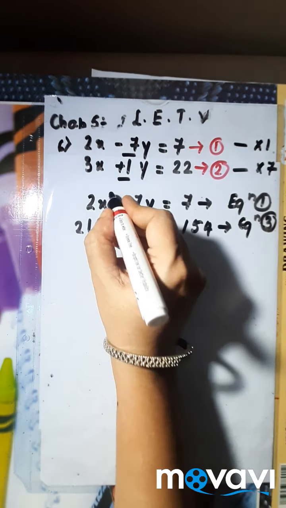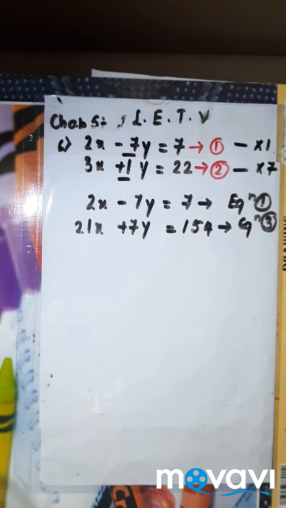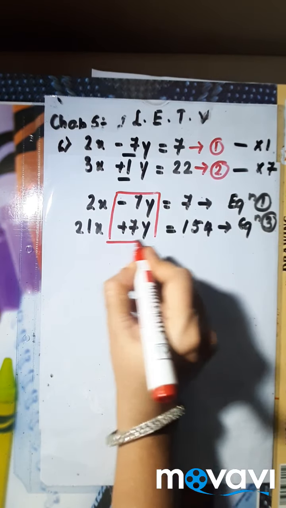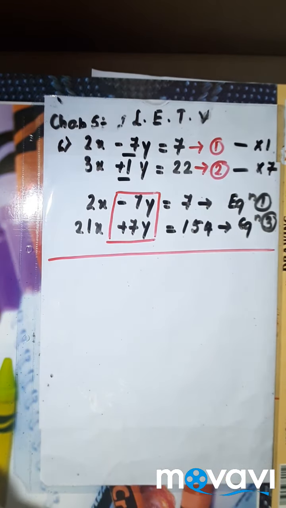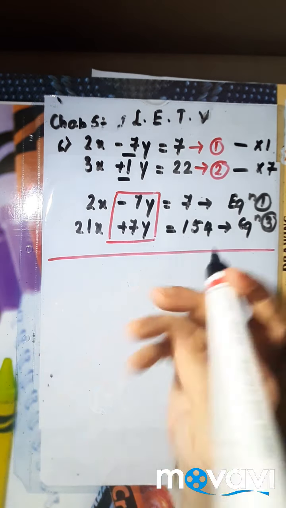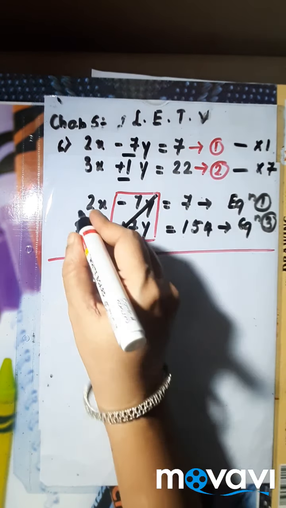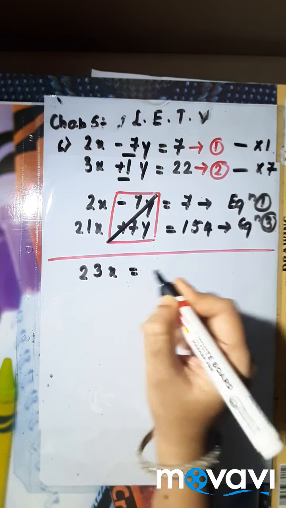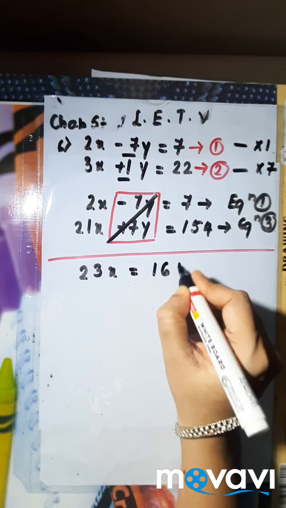Right, now look at this. Put this in the box. The signs are different, so I'm going to add. So this cancels. 21 plus 2 is 23x equal to 161.